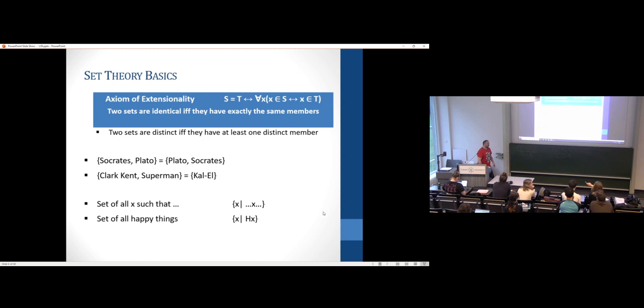Yes? But does adding the extra bracket make it 2 individuals instead of one collection, one individual? Good. So, when I added those brackets, that was what made the change. Because adding those brackets meant I'm no longer talking about Socrates. I want to talk about the collection that has Socrates.